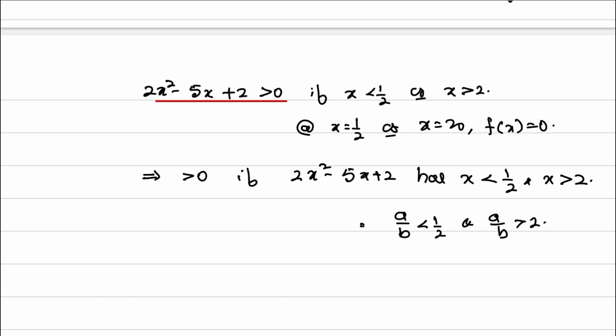Under these conditions, this particular 2x square minus 5x plus 2 is greater than 0.